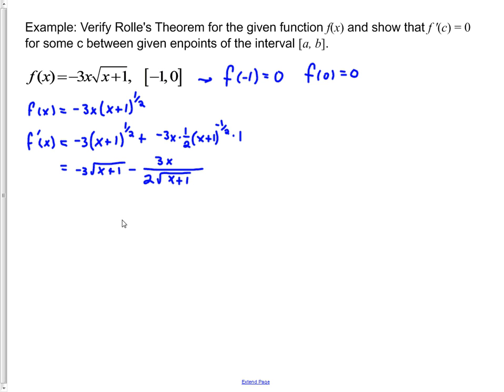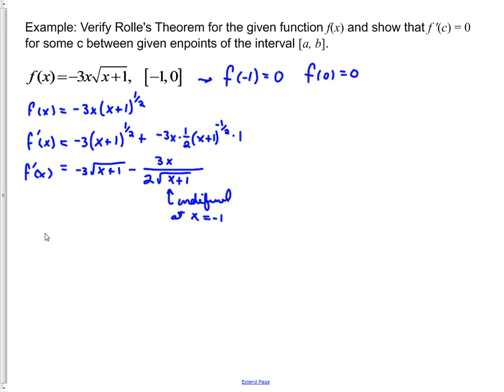All right. Now we might ask, where is f prime of x undefined? Well, we know that it's undefined at x equals negative 1. But again, we just want to find out if f is differentiable over negative 1 to 0, not including those endpoints.